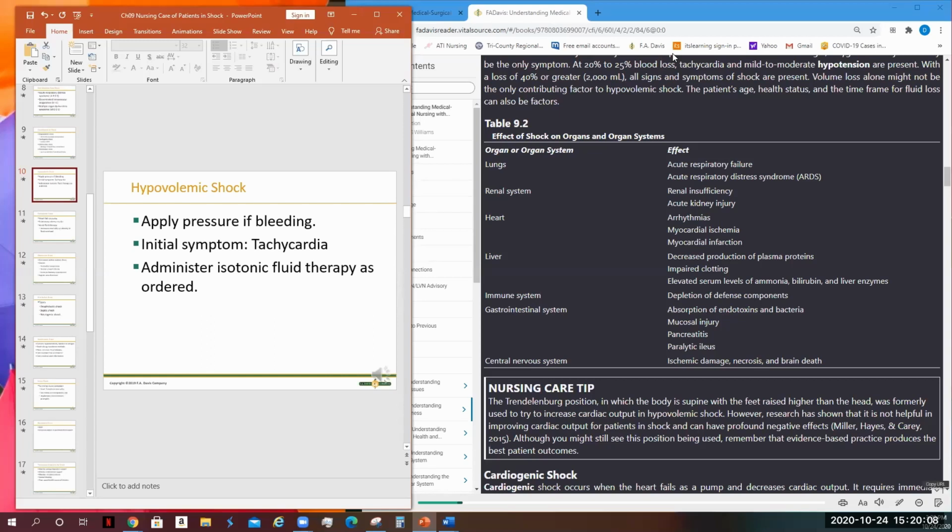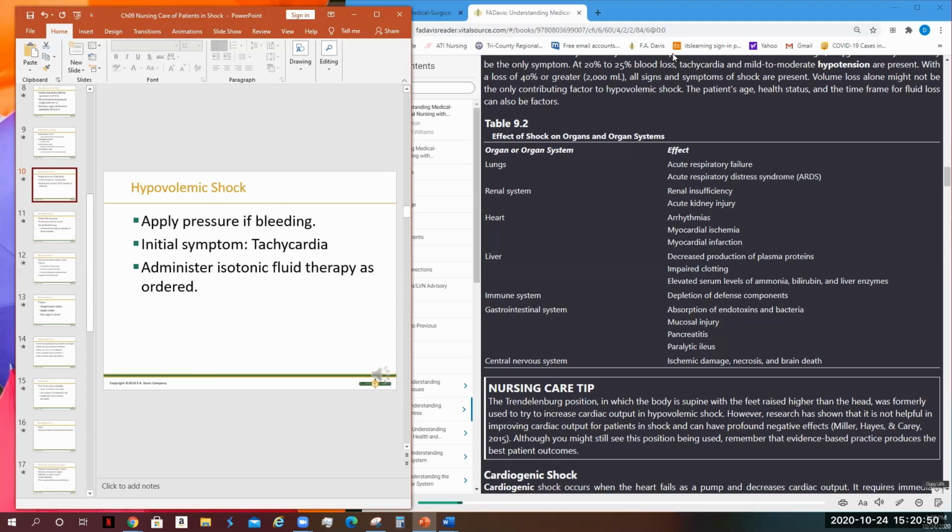Okay, we're on page 110, table 9.2, the effect of shock on organs and organ systems. So for the lungs, the effect is an acute respiratory failure and/or acute respiratory distress syndrome, also called ARDS. The effect on the renal system is renal insufficiency, acute kidney injury, and then for the heart, the effect is arrhythmias, could be myocardial infarction, myocardial ischemia.